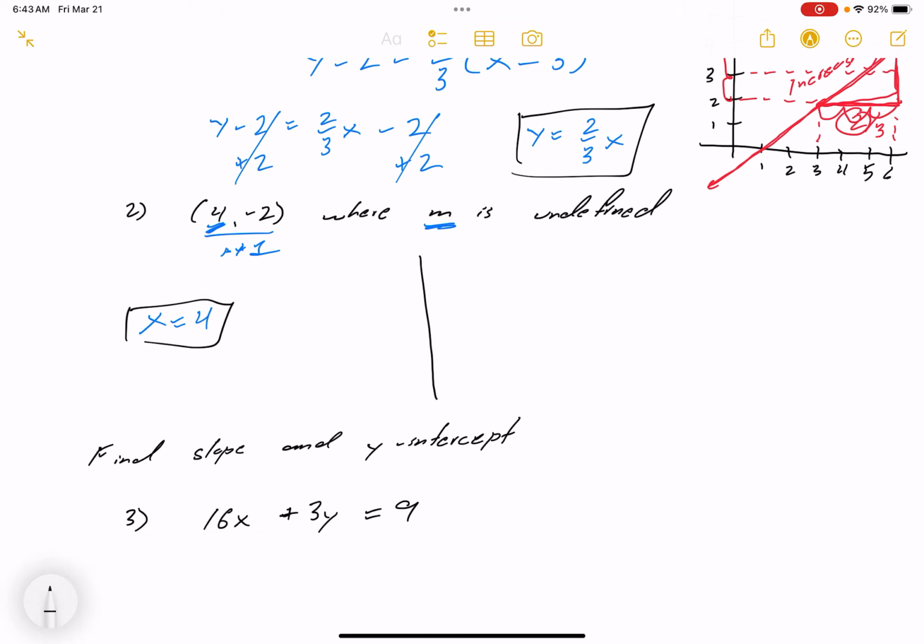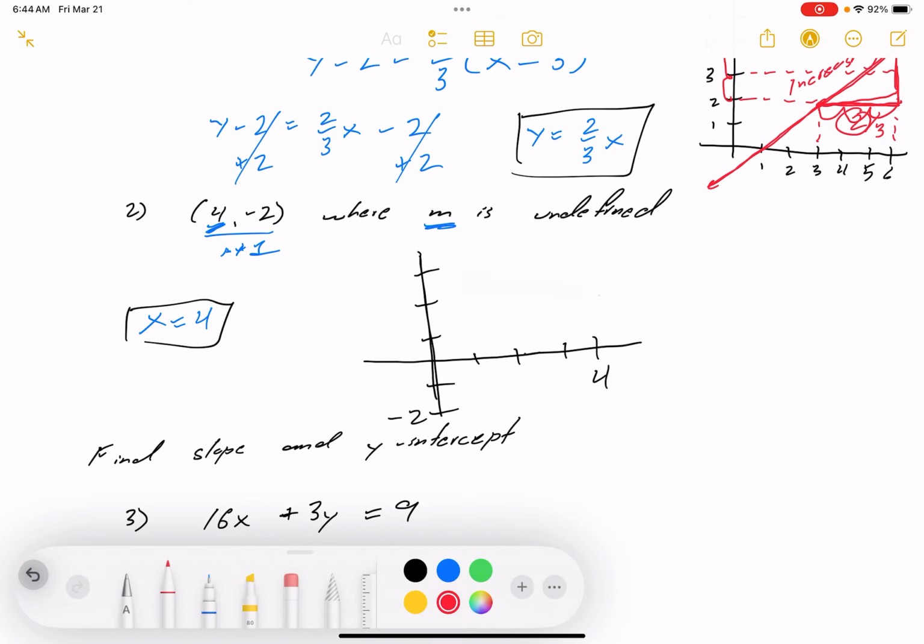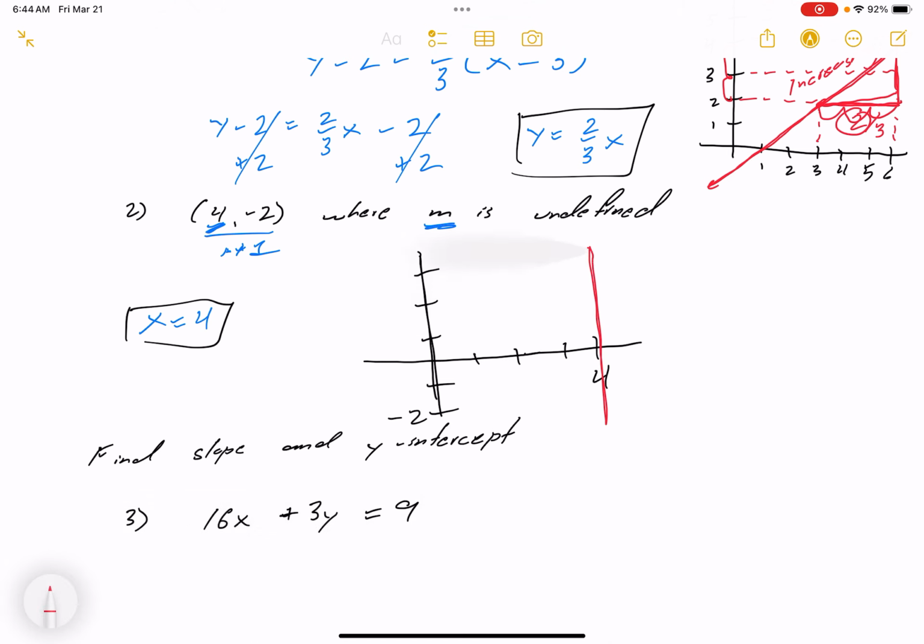And then when we graph it, 1, 2, that's negative 2, 1, 2, 3, 4, that's 4. It's going to look like this. x equals 4.